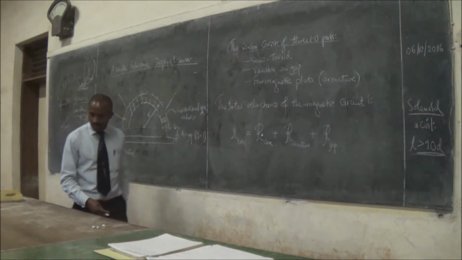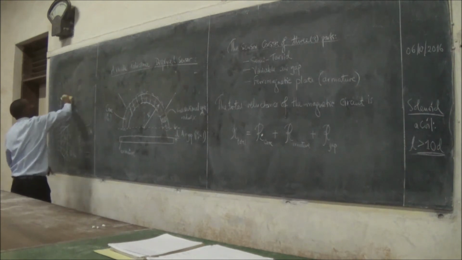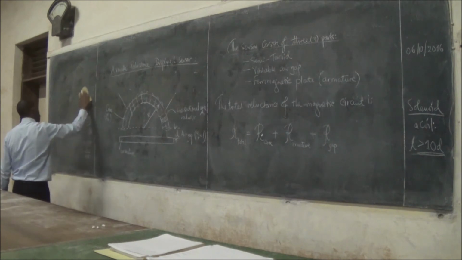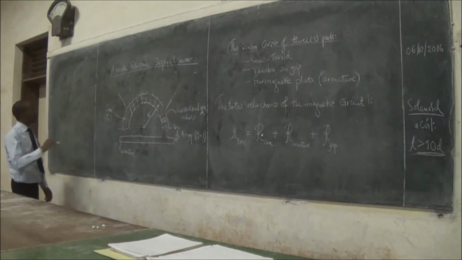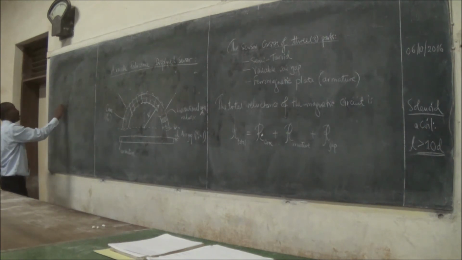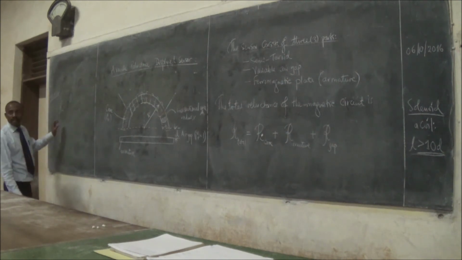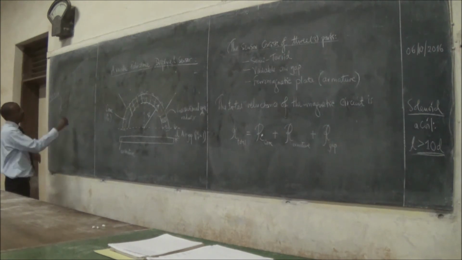Some time back, I told you what R was equal to in terms of the relative permeability, and when we did the free space, what was the reluctance in terms of mu R, mu naught, the length of the path, and the cross-sectional area of the flux linkage.